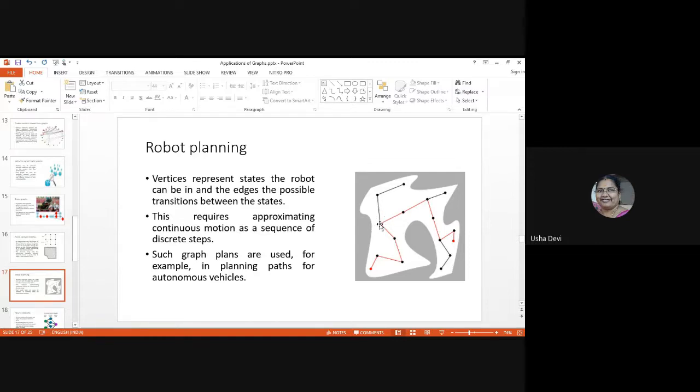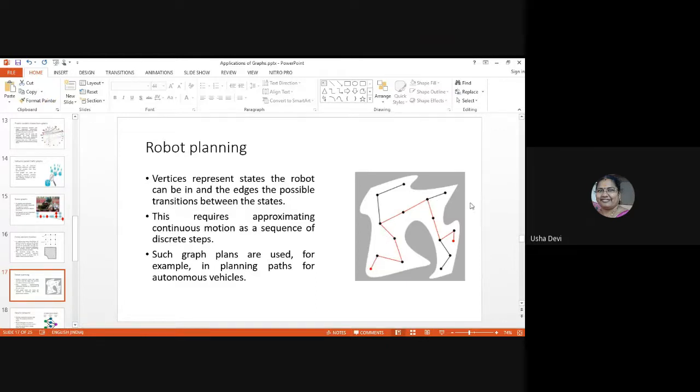Then it starts from here to the next one, moves to this state, and keeps on moving continuously. After continuous motion, finally it reaches its objective, and then you have to stop it, and sometimes it may go back in the same direction.